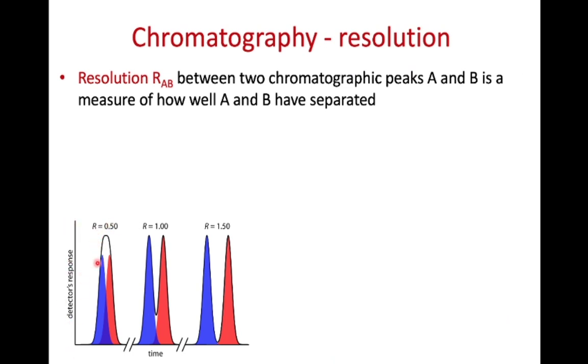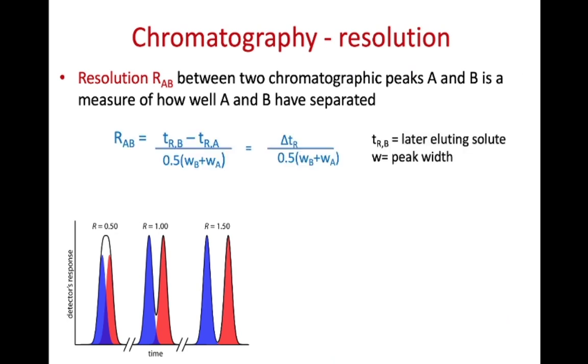Here, these two peaks have not separated well, and you have an R value of 0.5. If we have an R value of 1, again there is an overlap between the two peaks, so there is not very good separation. With an R value of 1.5, we can see that there is good separation.